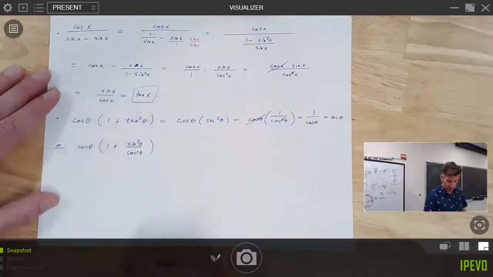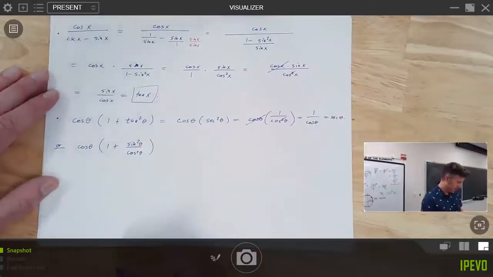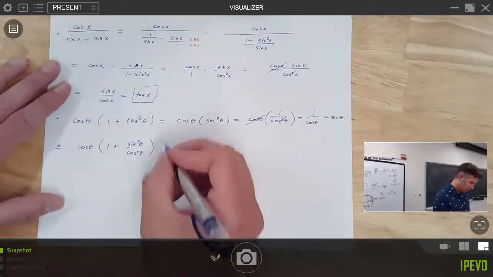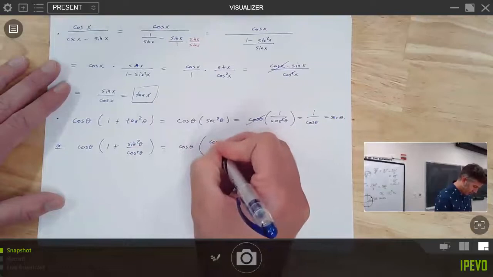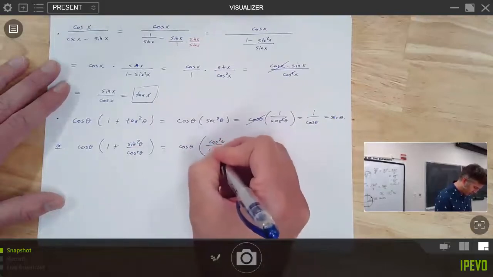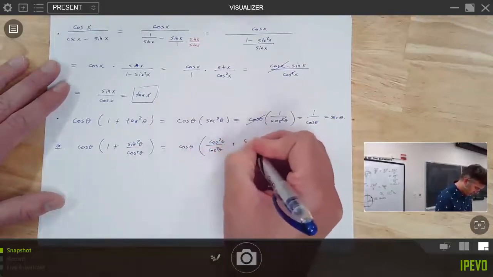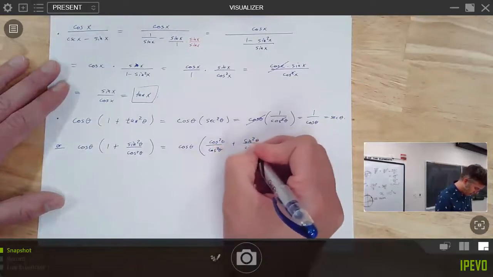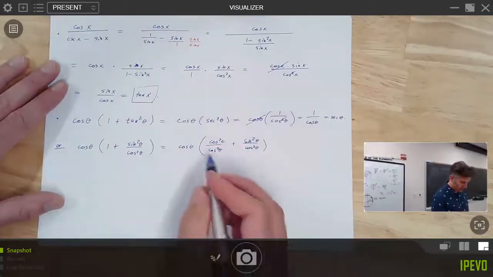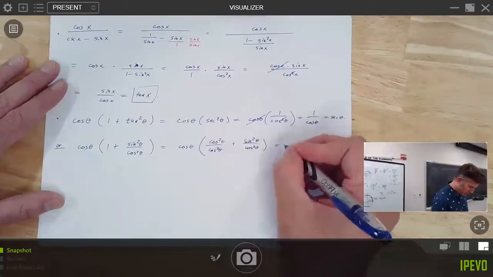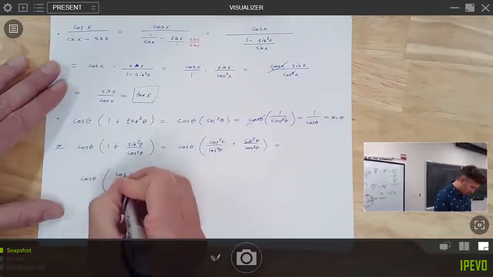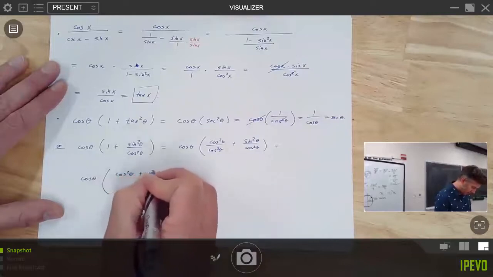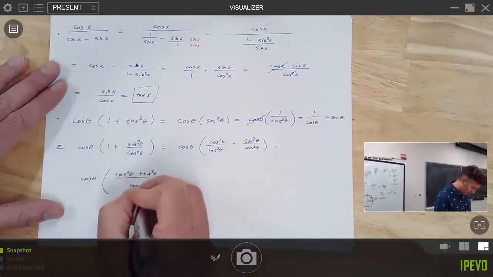Then you get a common denominator: cosine theta times cosine squared theta over cosine squared theta plus sine squared theta over cosine squared theta. And then you add these together. You get cosine theta times cosine squared theta plus sine squared theta over cosine squared theta.